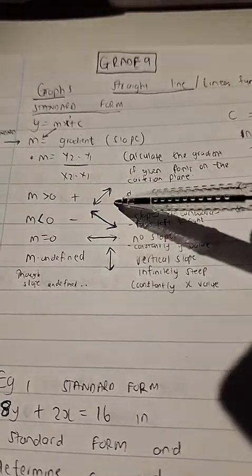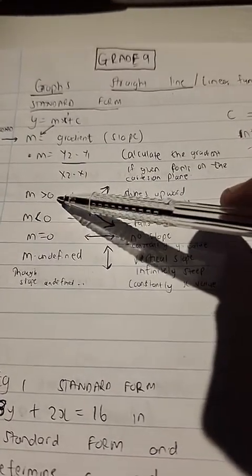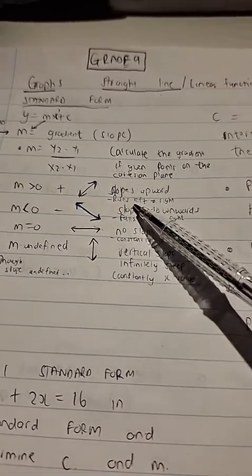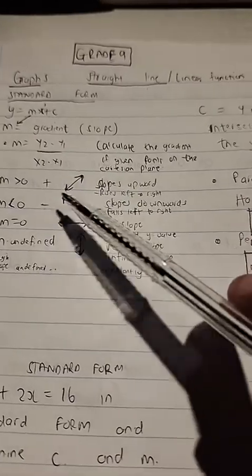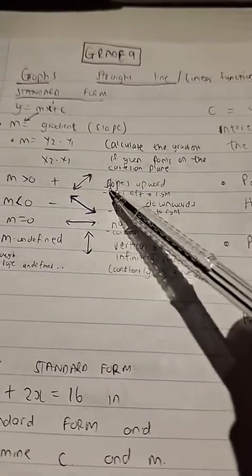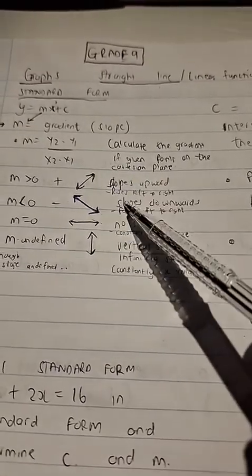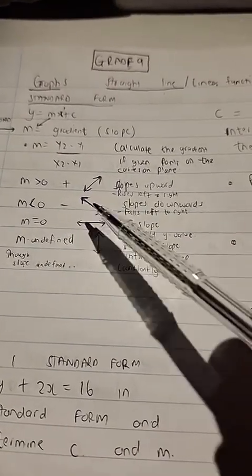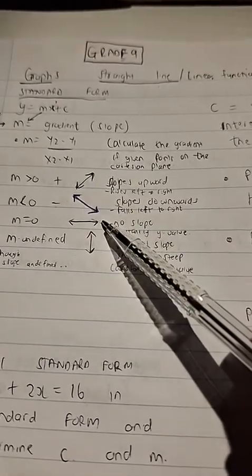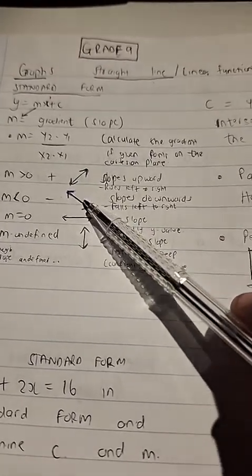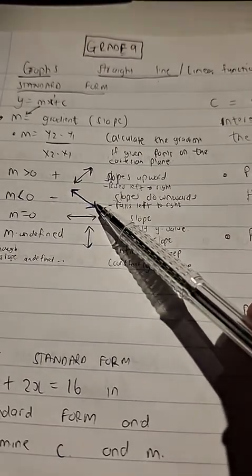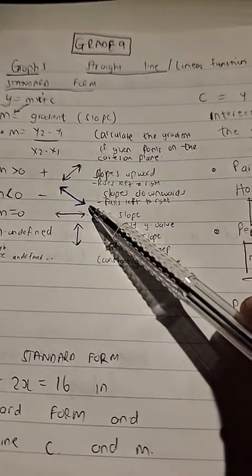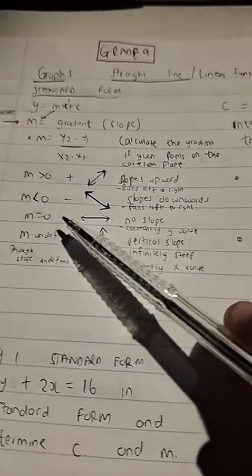Okay, and there's a bit of commentary here. When the gradient is positive, it means that it slopes upwards. It means it rises as we move from left to right. The straight line simply rises. Okay, if the gradient is less than 0, it means it's sloping downwards. It simply falls from left to right. So from left to right, the straight line simply falls, okay, because it's sloping downward.